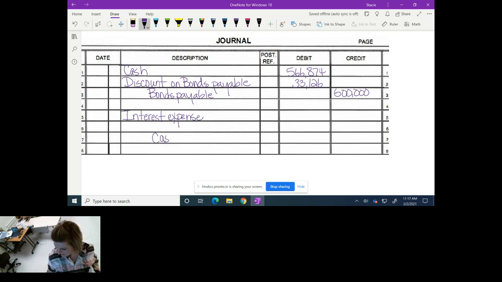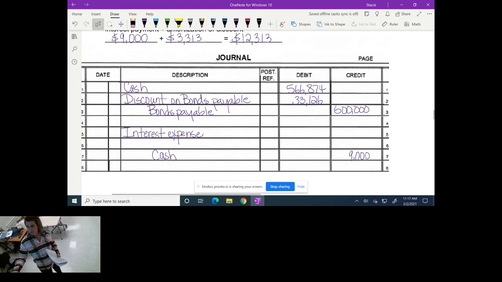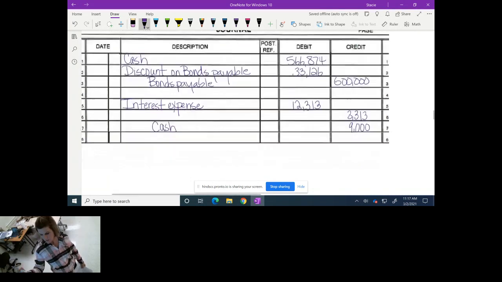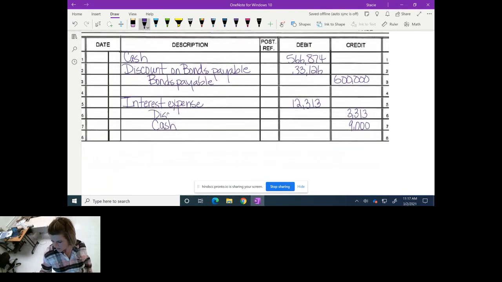You're going to credit cash for the amount that you agreed to pay them, which is $9,000. Interest expense is $12,313. So we've got to credit discount on bonds payable every time we make a payment.